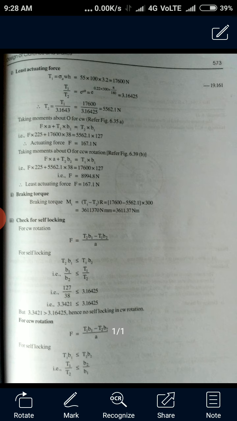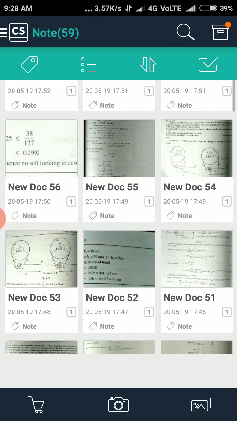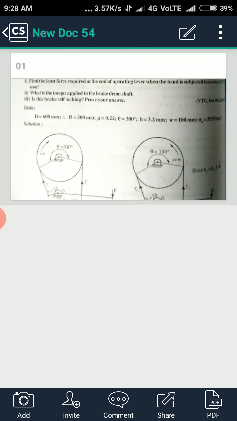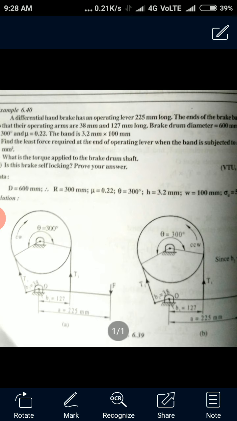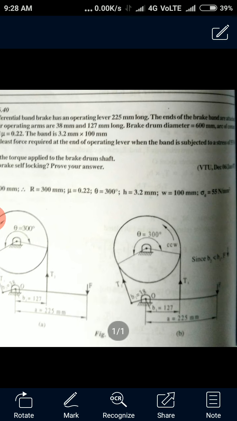Similarly, next go for the counterclockwise rotation braking force. Again go to the sketch here. When it is rotating counterclockwise, the positions of T1 and T2 are interchanged. The right hand side becomes T1 and the left side becomes T2. F is acting downward only. Now you see which are making clockwise and anti-clockwise. T1 rotating about O will make an anti-clockwise moment.